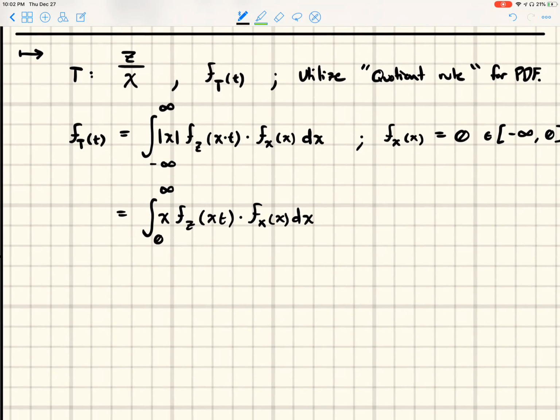And now we can actually write this out in full using our definitions.